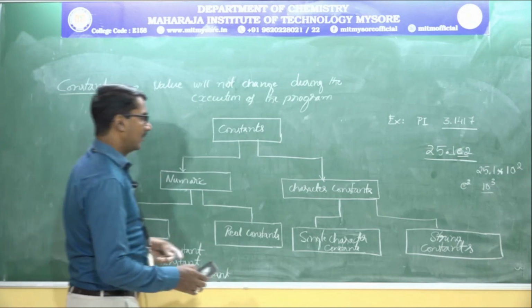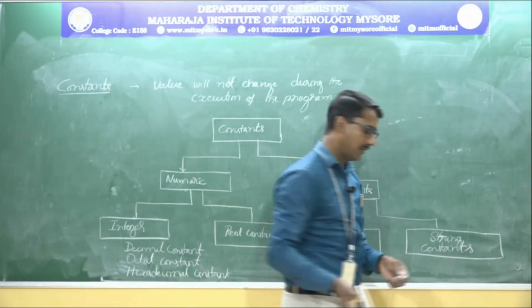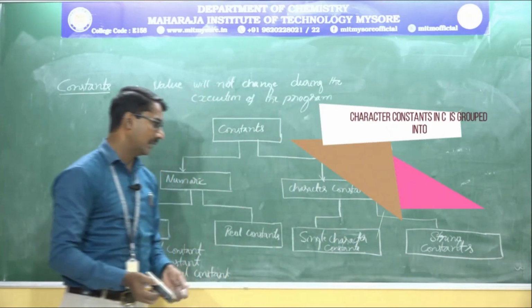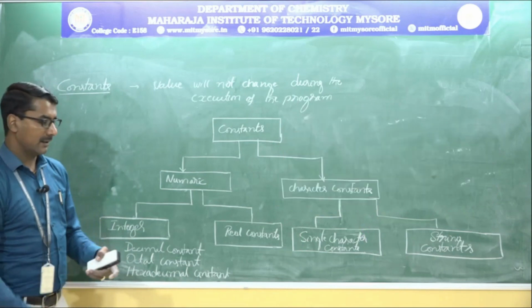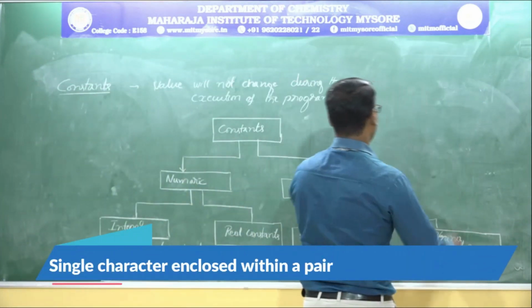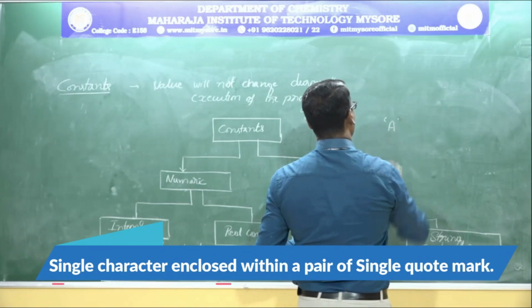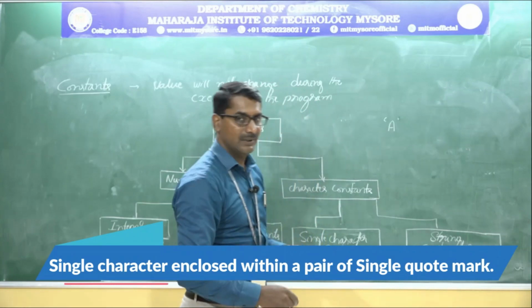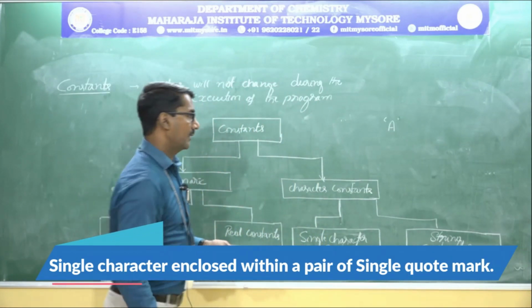The next constant is the character constant. The character constant is divided into two categories: one is the single character constant and the other is the string constant. The single character constant is represented by using a single quote. The character which is enclosed within a pair of single quotes is called a character constant.